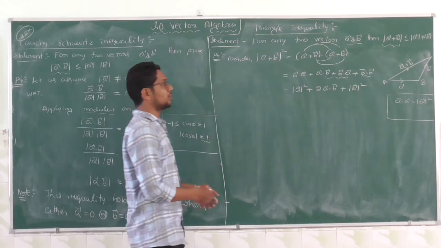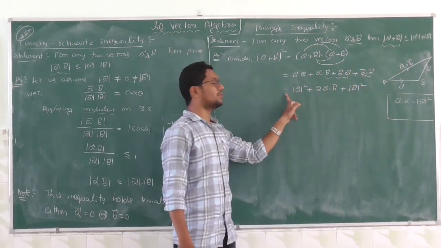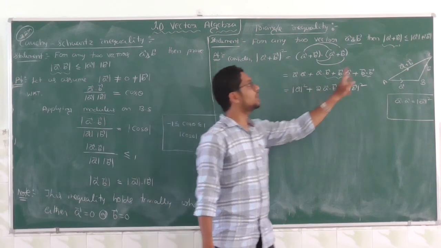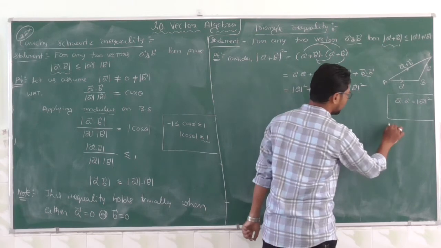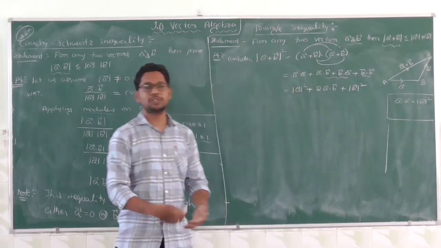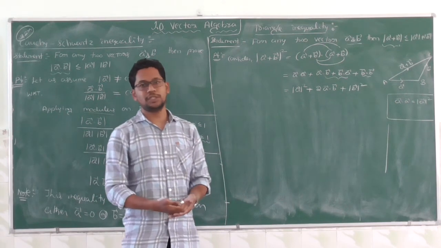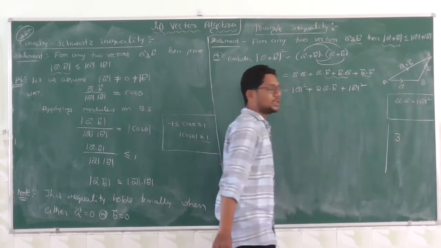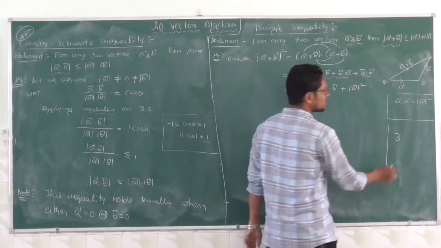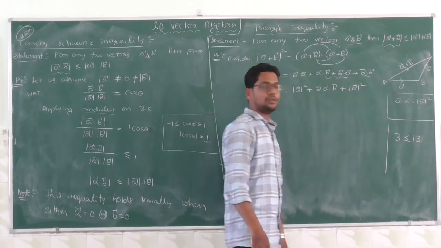Now, here we have equals, but we want less than or equal to. You just take any one number, whatever it may be. I will take 3. Is 3 less than or equal to modulus of 3?